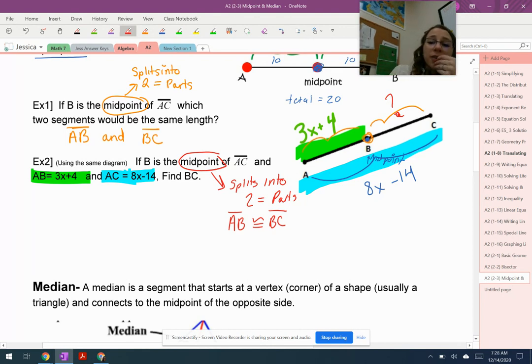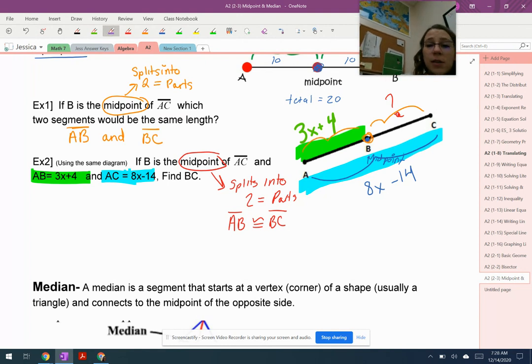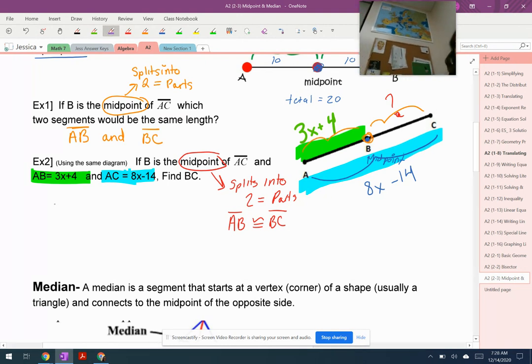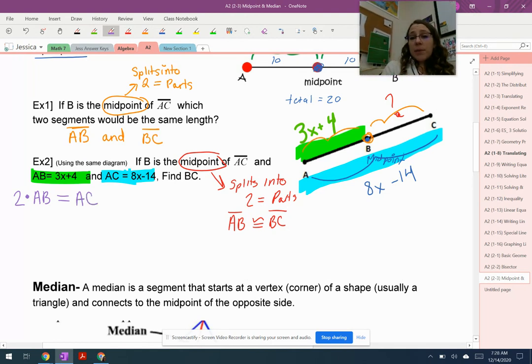And then the whole thing is 8x minus 14. So that means if I take AB and multiply it by 2, that would be equal to AC, because we know that AB is equal to BC because a midpoint cuts it into two equal parts.